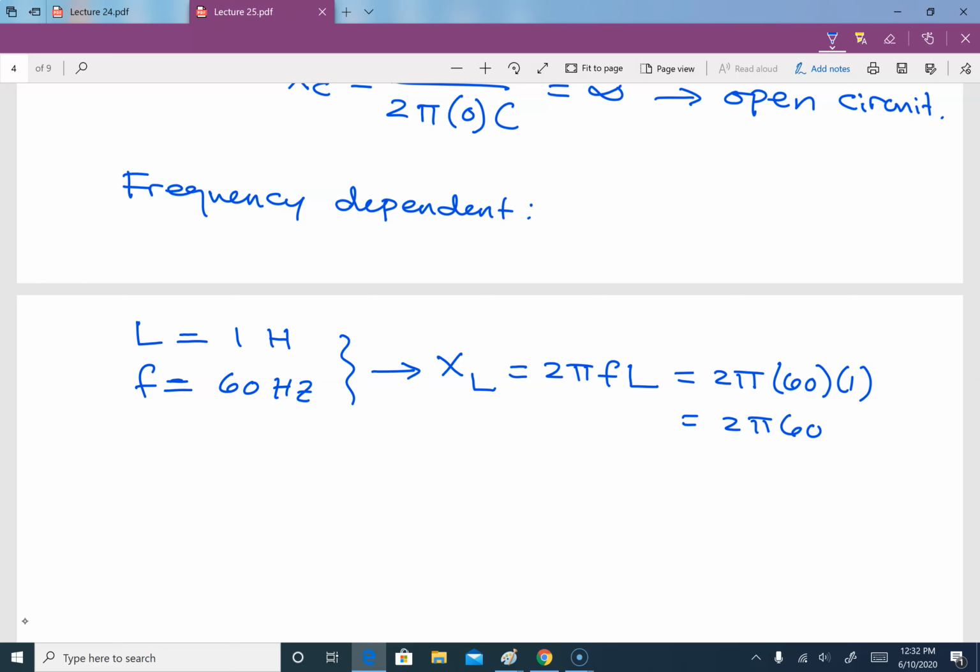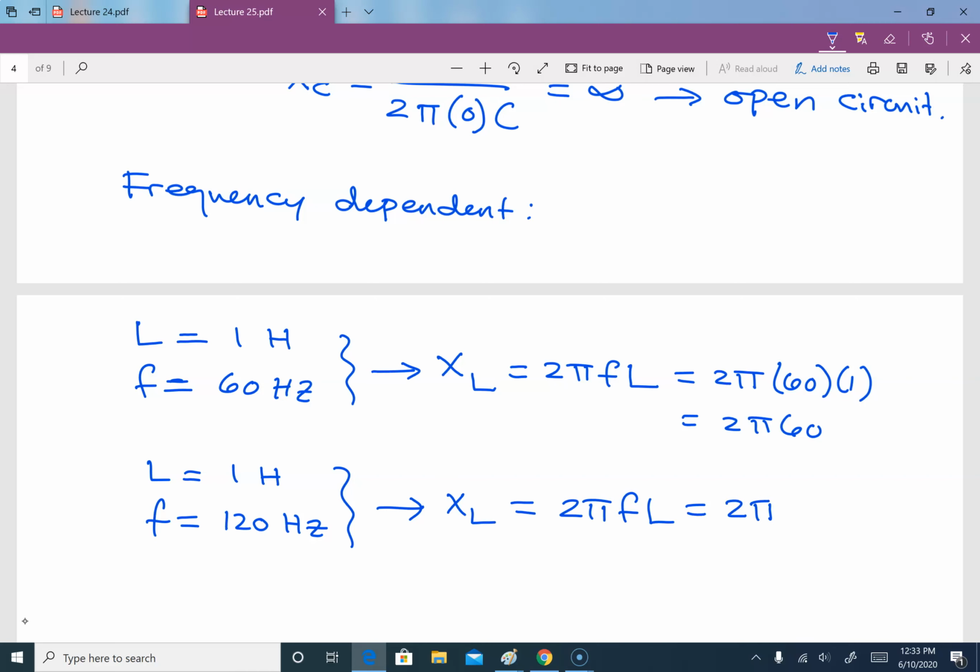Now, if our L is equal to 1 Henry, which is the same element, same inductance, however our f is equal to 120 Hertz, then our X sub L is equal to 2 pi f L, which is 2 pi times 120 times 1.